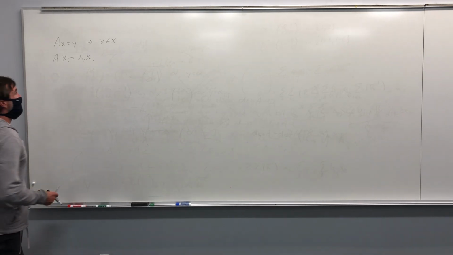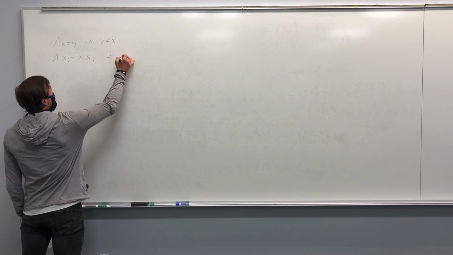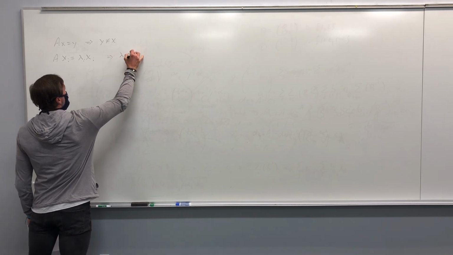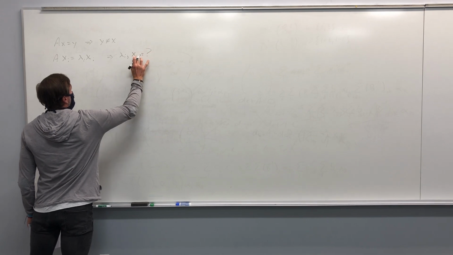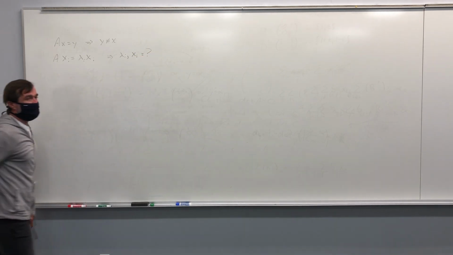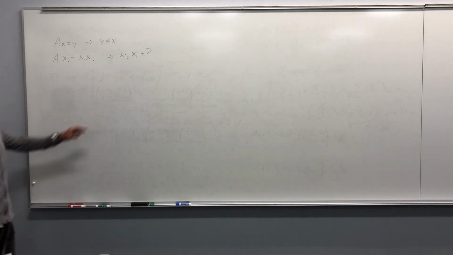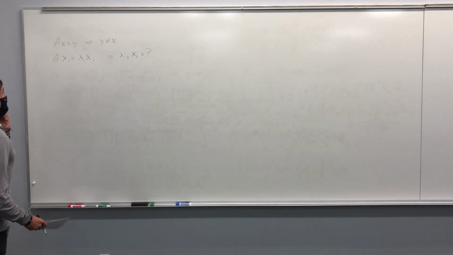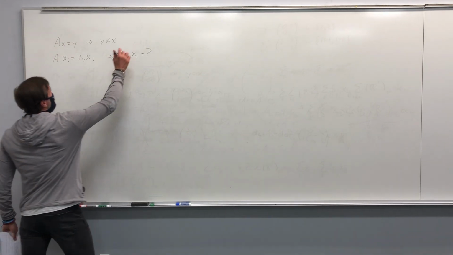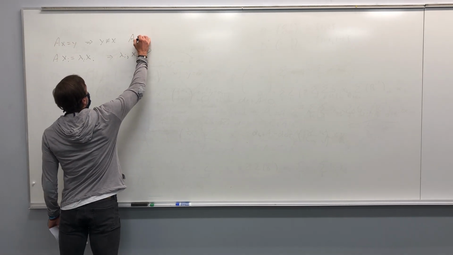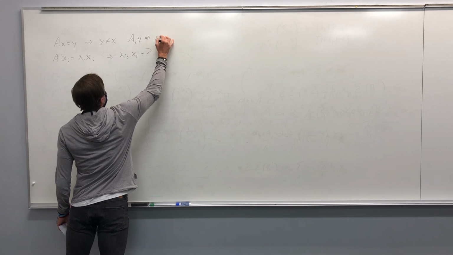And of course, what we're left to want to find are the eigenvalues and the eigenvectors associated with a transformation A. So given A, can we find the lambda_i's and the x_i's? That's rather different than what you tend to encounter in problems like this, because in problems like this, you're usually given A and given y, and then you're asked what are the x's.